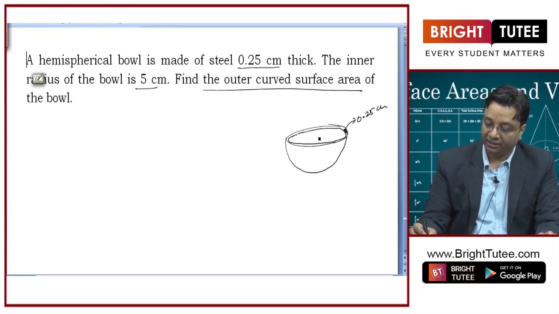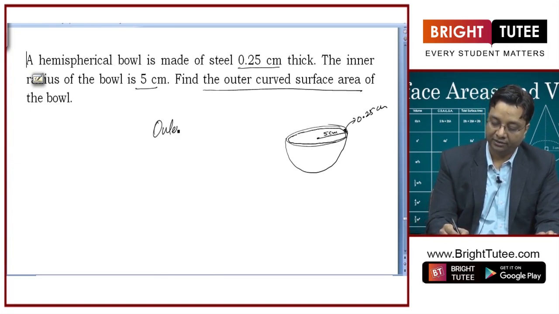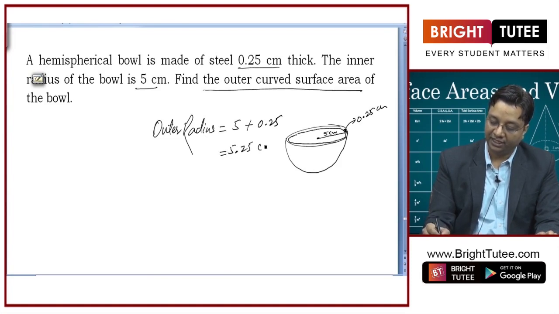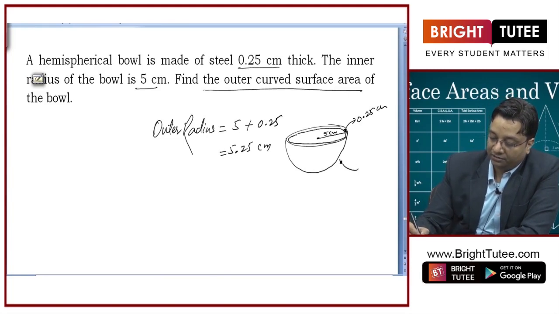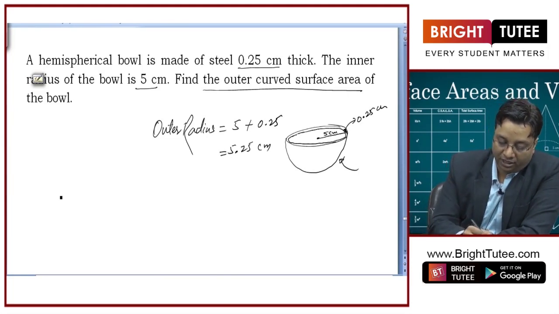So if the internal radius or the inner radius is 5 centimeter, what will be the outer radius? So outer radius will be 5 plus 0.25, that is 5.25 centimeter, right, and we need to find the outer curved surface area.